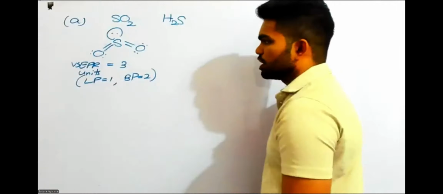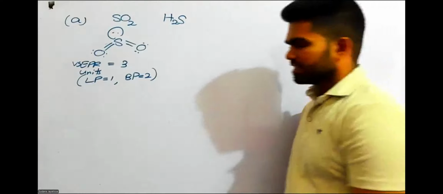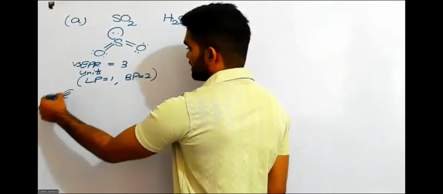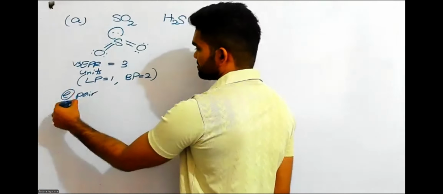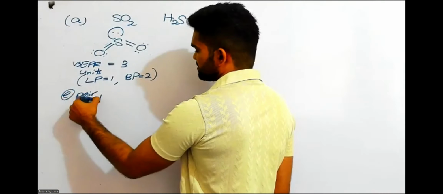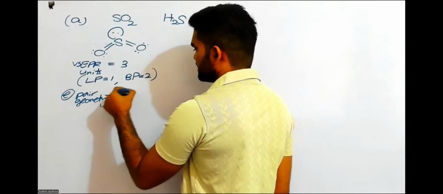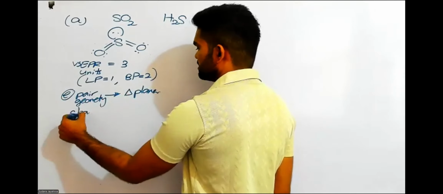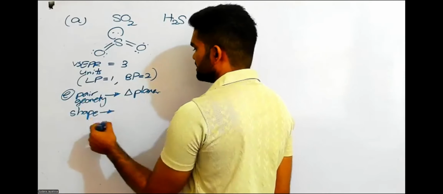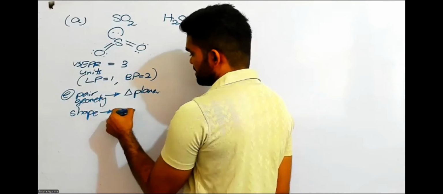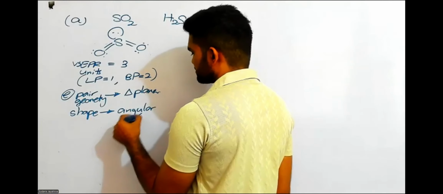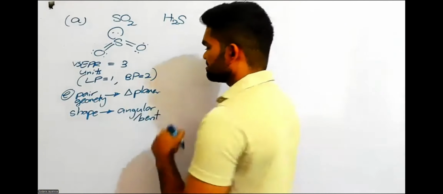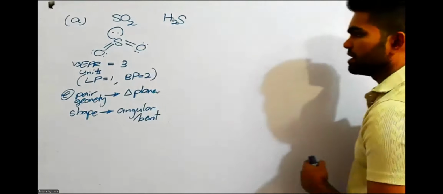So the electron pair geometry is trigonal planar, and the shape or molecular geometry is angular or bent. Sometimes we call it V shape.